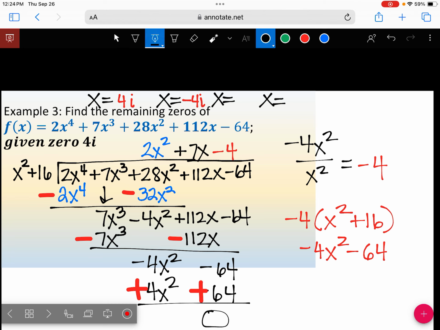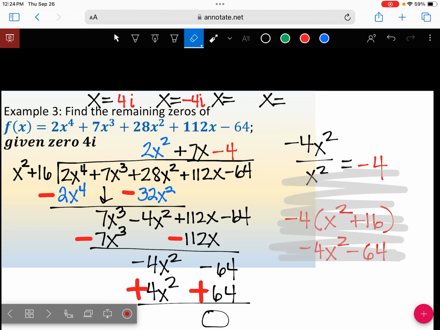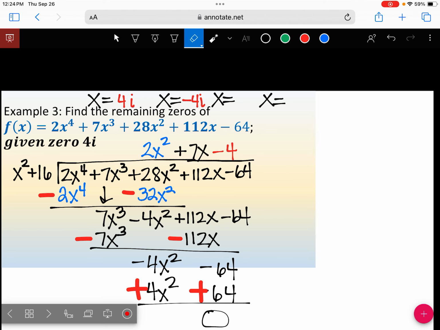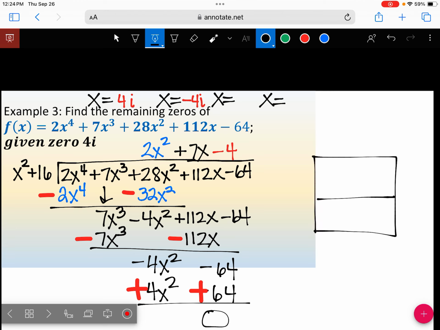All right, go ahead and factor what's on the roof. Find your last two answers. You can't do a shortcut this time though because A is 2. So take that 2x squared plus 7x minus 4. 2x squared goes here, minus 4 goes here.